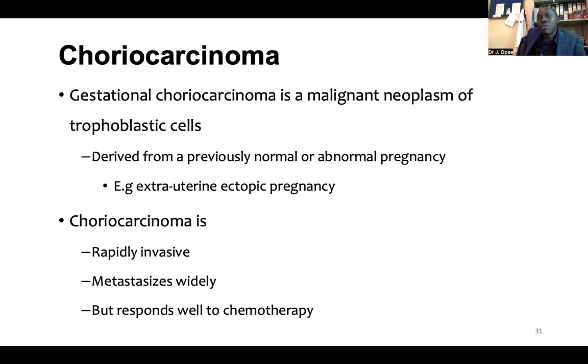So it's a sequela from progression from complete hydatidiform mole to invasive mole or to choriocarcinoma directly, which is a malignant neoplasm of trophoblastic tissues. And we know very well that choriocarcinoma is rapidly invasive and can metastasize to other organs. But the good news is it can respond very well to chemotherapy.